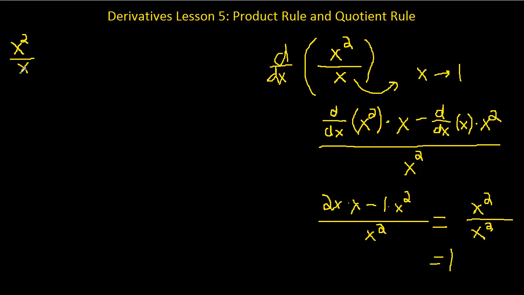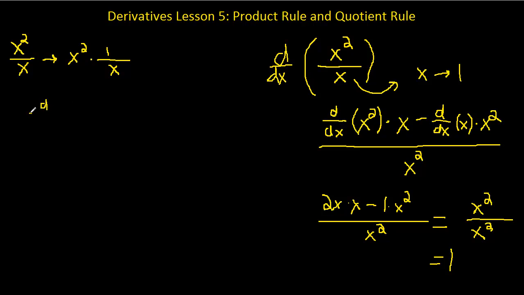And although this is a quotient rule question, this is division, what we can do is take this and rewrite it to x squared times 1 over x. And now we've got a multiplication question. So we can go ahead and use our multiplication slash product rule.